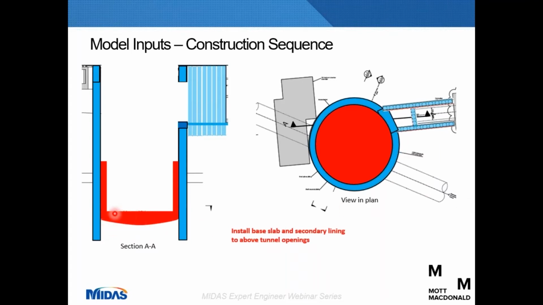Once we reach the formation level, we install a base slab which has a domed shape, and a portion of the cast in situ secondary lining up to a level that sits above the tunnel openings to be made.